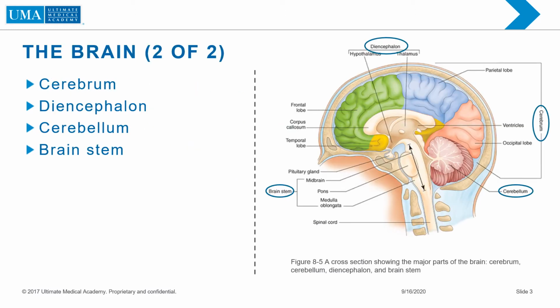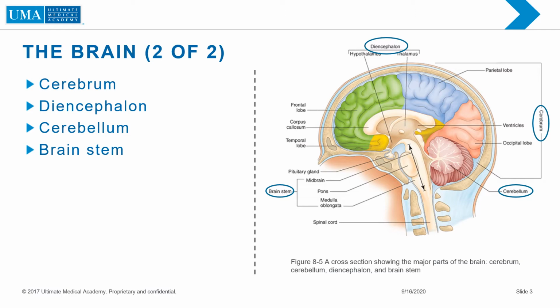The brain is actually divided into 4 major parts. There's the cerebrum, the diencephalon, the cerebellum, and the brainstem. Now, the cerebrum is actually the largest part of the brain, and in fact, it occupies the entire upper part of the skull.